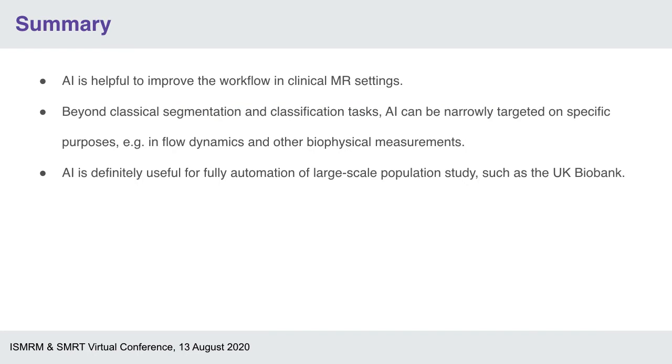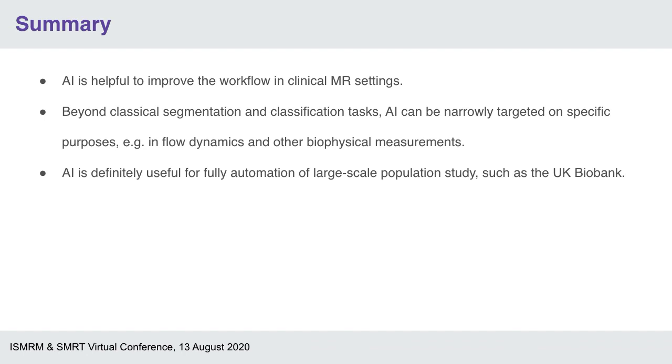All right. So as a summary, AI is obviously very helpful to improve the workflow in clinical MR settings. We've seen many AI methods being proposed to improve the processing time and also the accuracy in clinical image processing, not only for the cardiac.